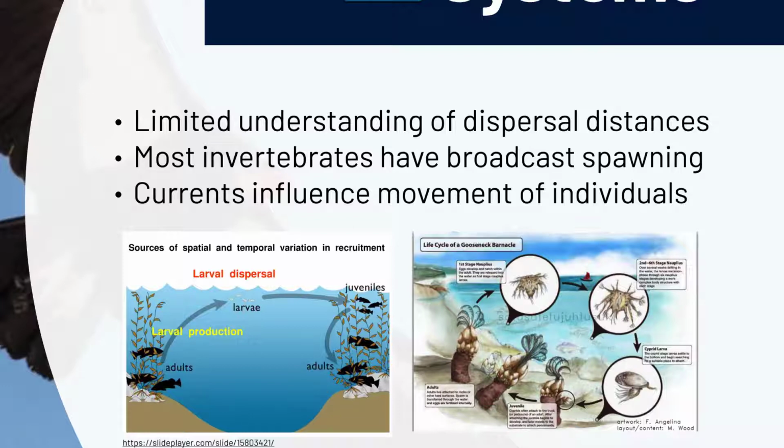They may be able to have a shorter distance that they travel, so it's a little bit more predictable in terms of the overall dispersal for those organisms. However, again, currents as well as other oceanographic processes may largely influence the dispersal distances and make it challenging to document the possible range that these organisms can travel.